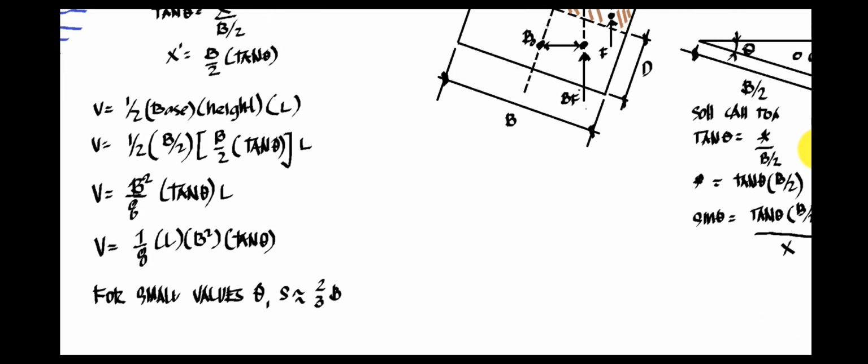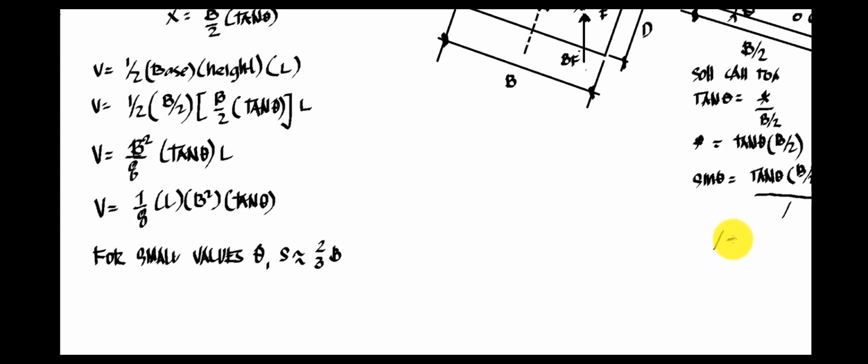I'm going to name that one, let's say slash. So I'm going to put here a slash. That will be the tangent of theta times B over 2, divided by the sine of theta.